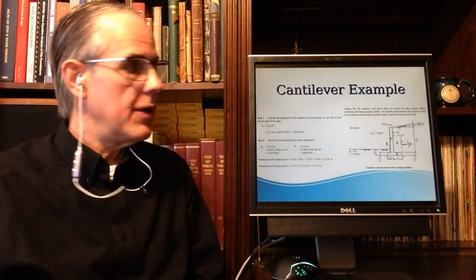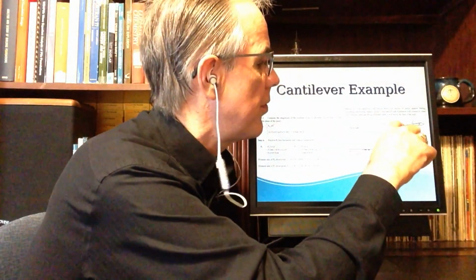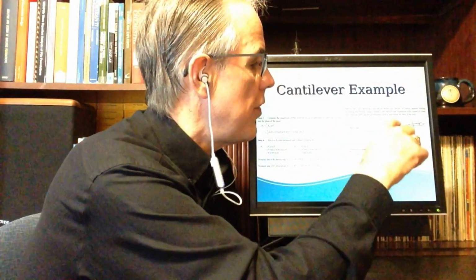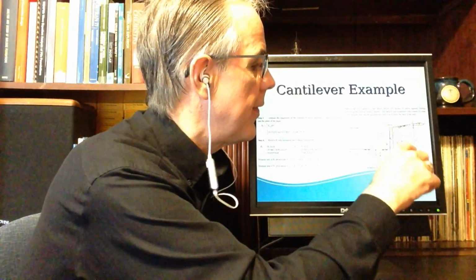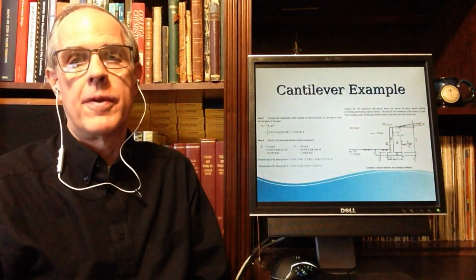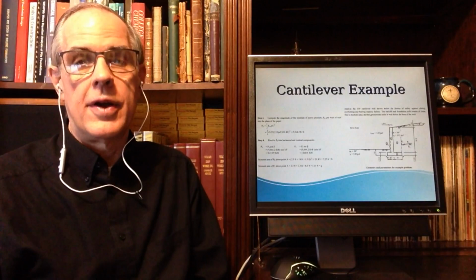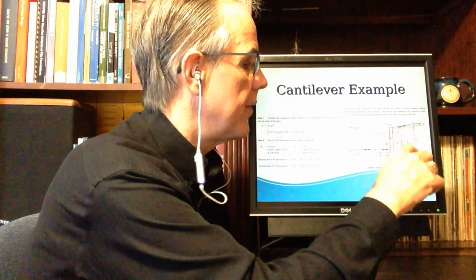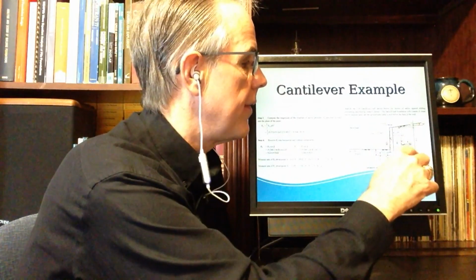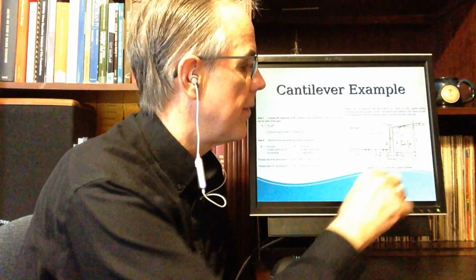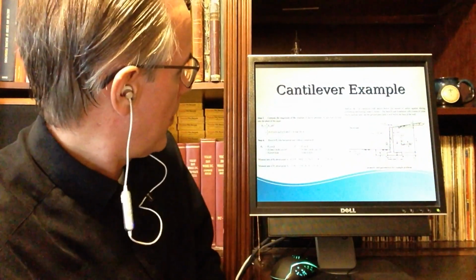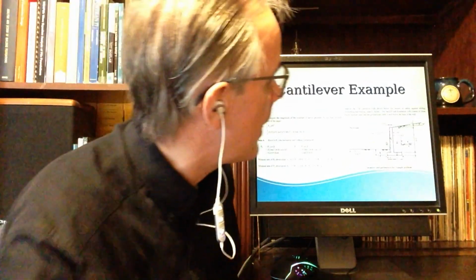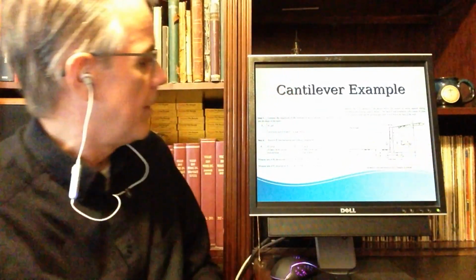If we've got a uniform soil and a uniform unit weight, the pressure increases uniformly. The pressure is 0 at the surface and then increases to some value down here. We take the resultant of that. We want to know the PA, this quantity right there.